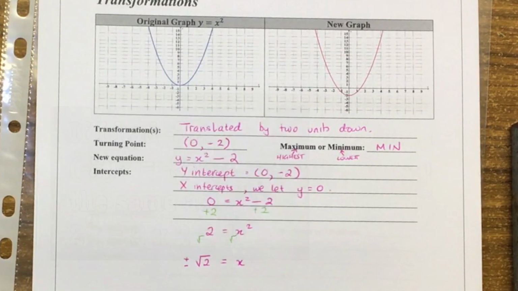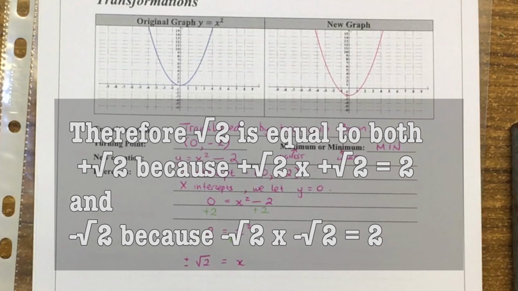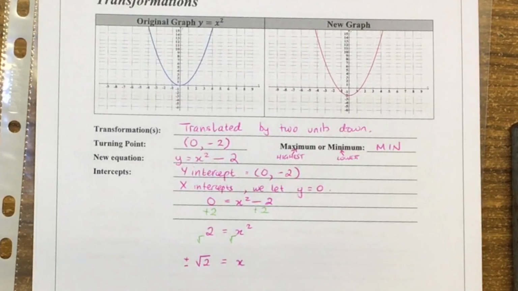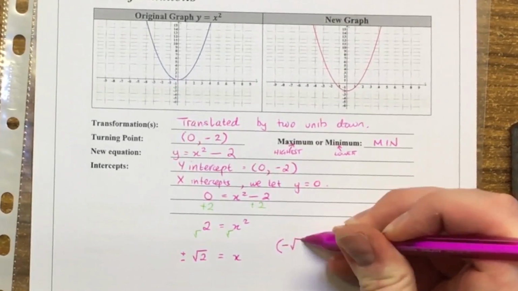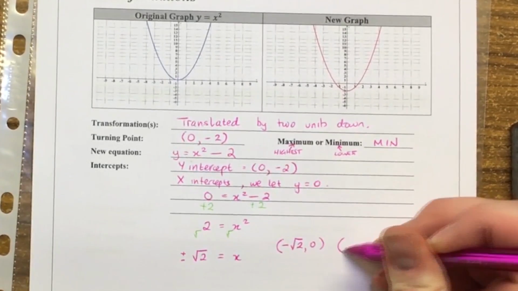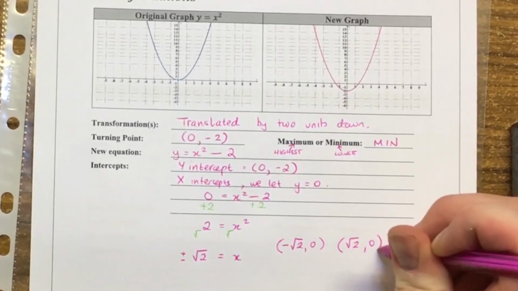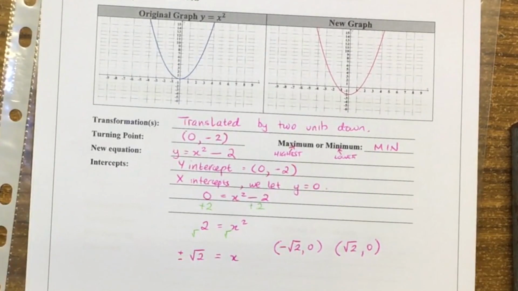So whenever we do a square root, we need to have this little plus or minus sign. Two negatives multiplied together are a positive, and 2 positives multiplied together are positive. So now I can tell you that my x-intercepts are at (-√2, 0) and (√2, 0). There they are.